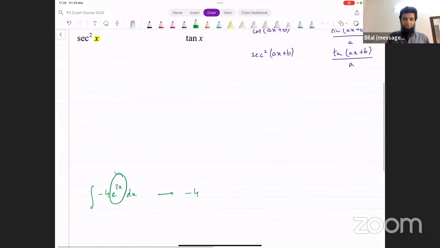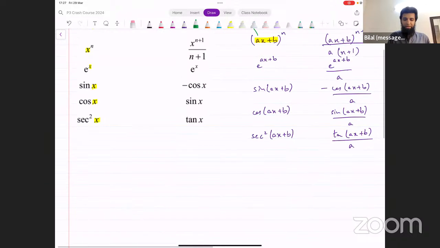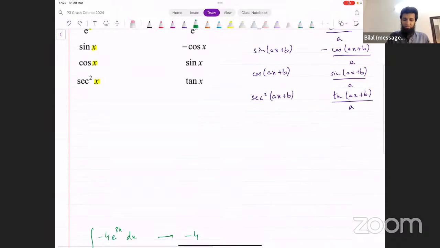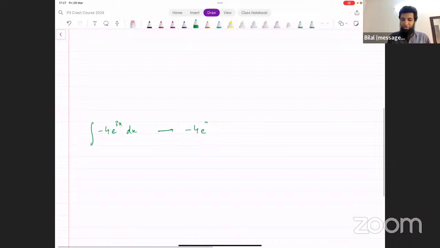What's the integral of e raised to power 3x? Integration of e power x is e power x, so integration of e power 3x is e power 3x. However, we have to divide by the derivative of whatever is coming in place of x. So we have 3x in place of x, and we divide by the derivative of that. So it's e power 3x divided by 3 plus c. That's the integration of this thing.